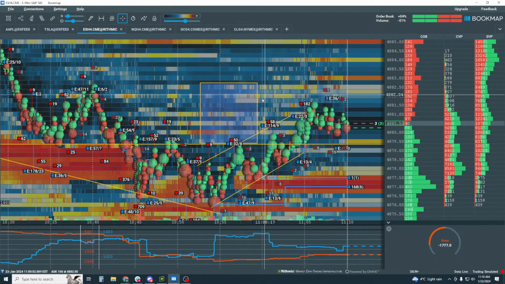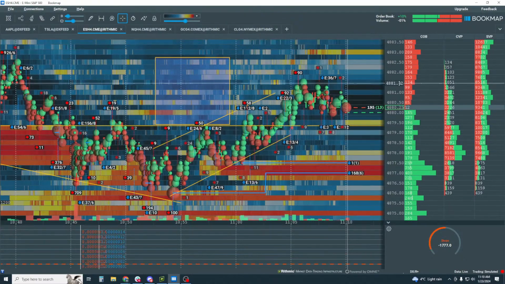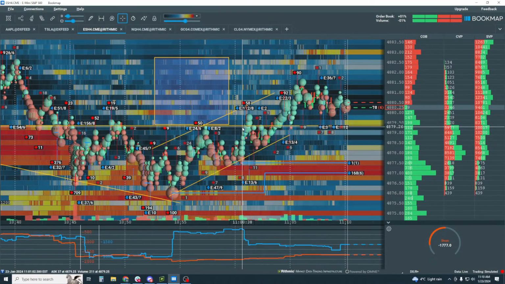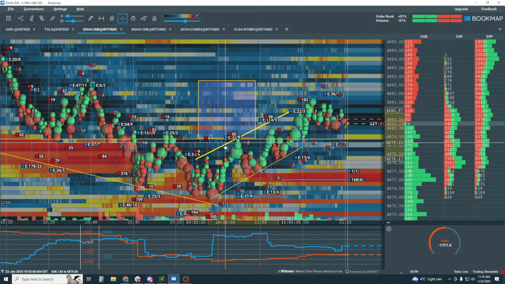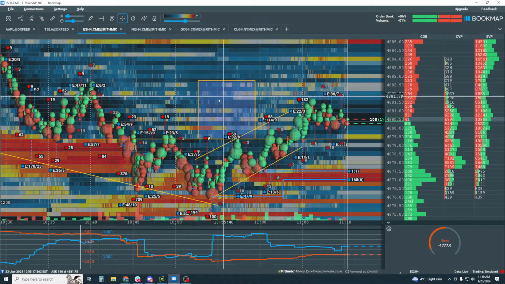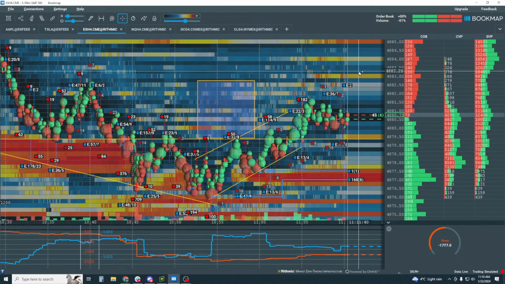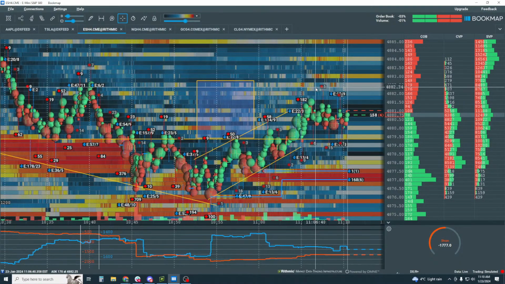Okay, but we're staying with and we're siding with, and it's really an important element. We've talked about this many times, especially in the Bookmap Academy, that we're leaning on and relying on all of this activity in here and going with that direction. Okay, it's a really important part here.